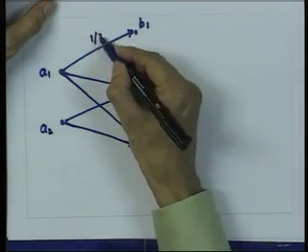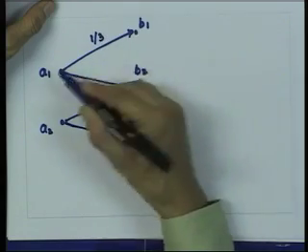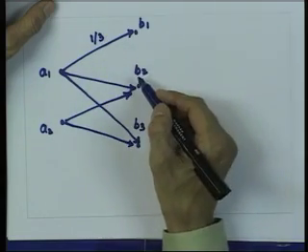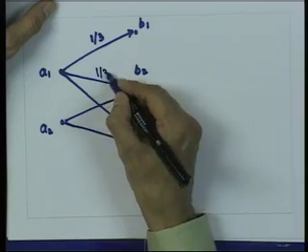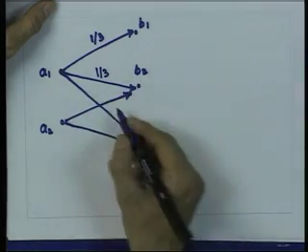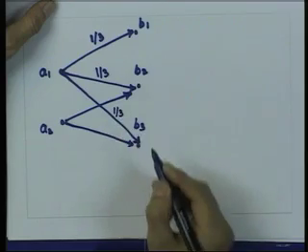This is 1/3 probability of B1 given A1, probability of B2 given A1 is also 1/3, and probability of B3 given A1 is also 1/3.